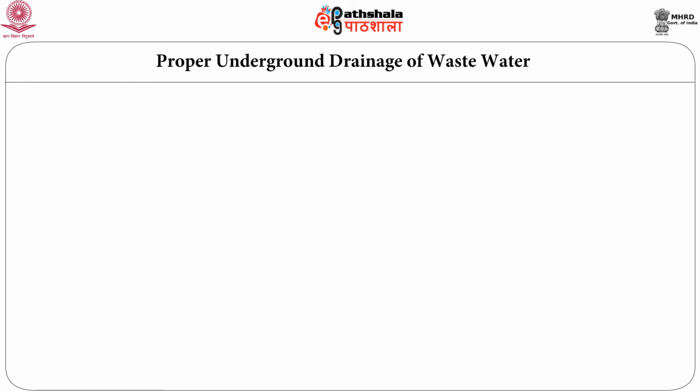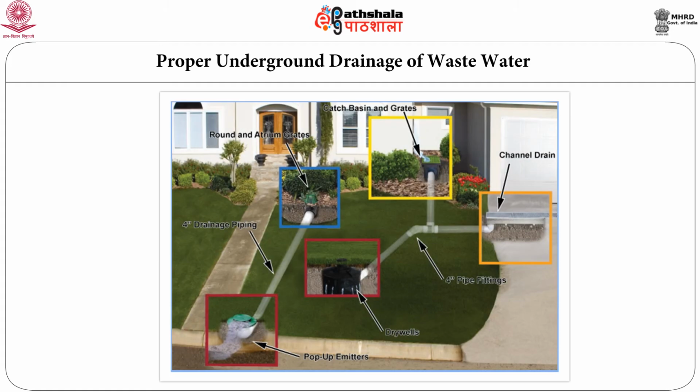The next thing would be proper underground or surface drainage of wastewater or sewage. One must find out if the area is covered by the underground drainage sewers, which are further connected to the main city sewers.